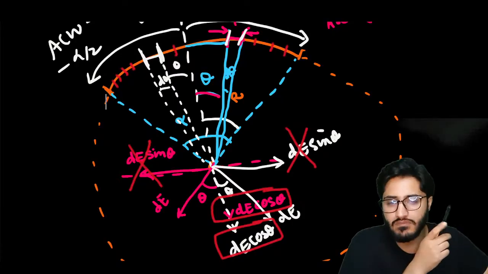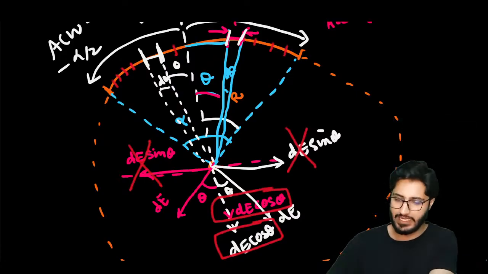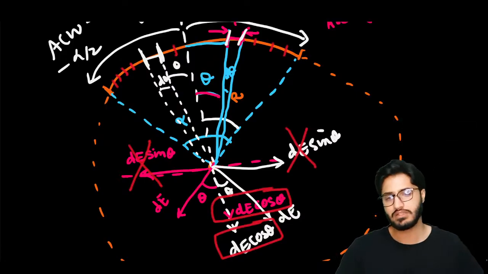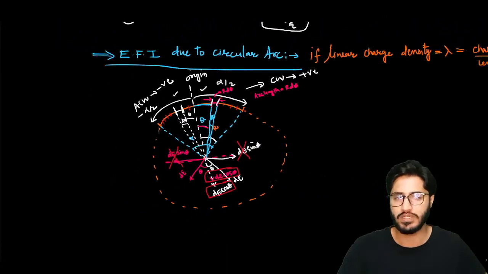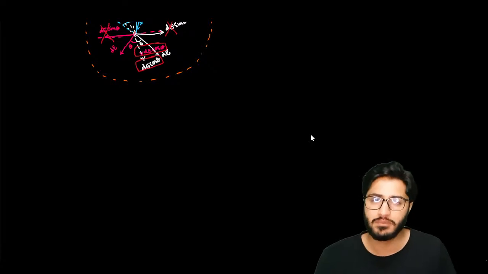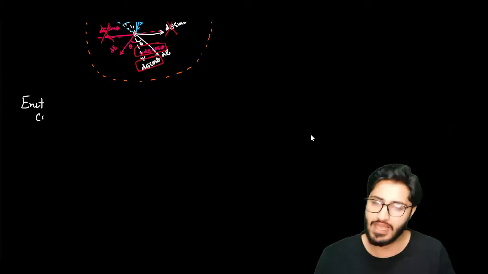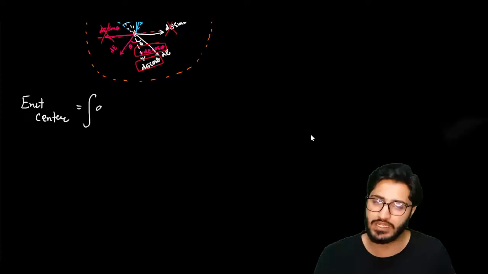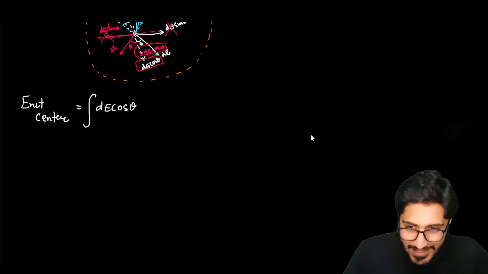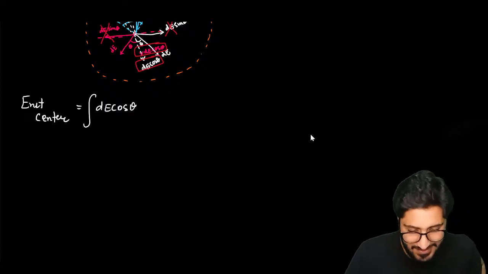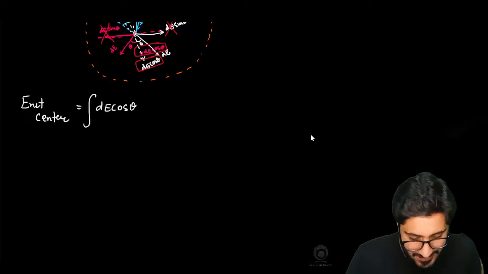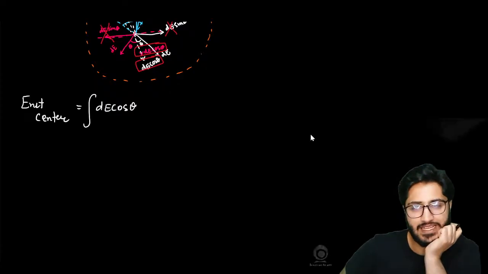Now we need to write its value at the end. Can I write my E net, electric field net at center, equals the integration of only dE cos theta?